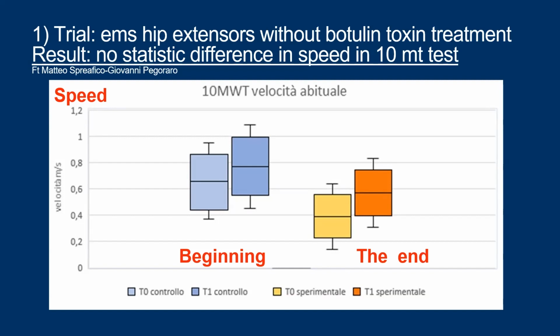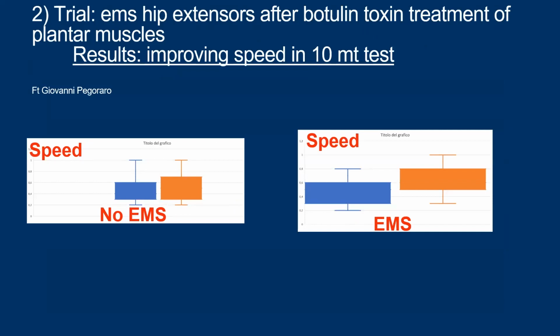So we made an inhibition of the plantar muscle with botulinum toxin. In the second trial, we stimulated the extensor hip muscle after injection of botulinum toxin in the plantar flexor muscle. Botulinum toxin is a drug that can decrease the spasticity.